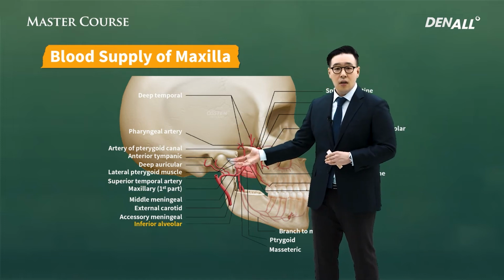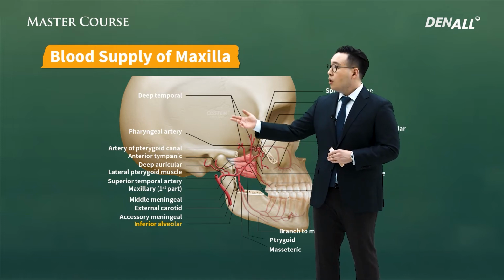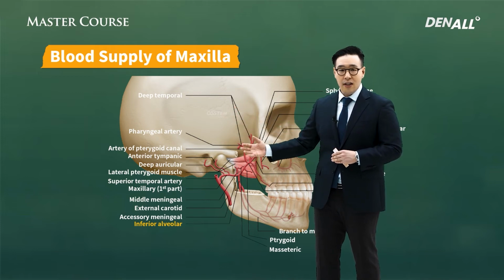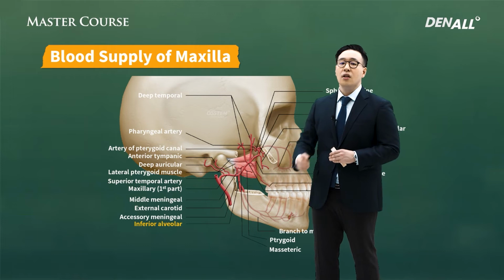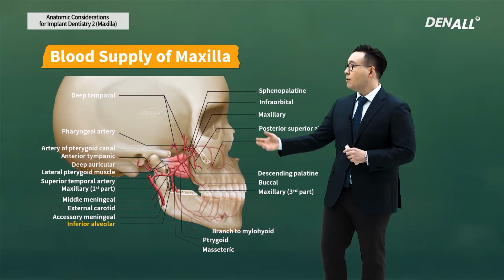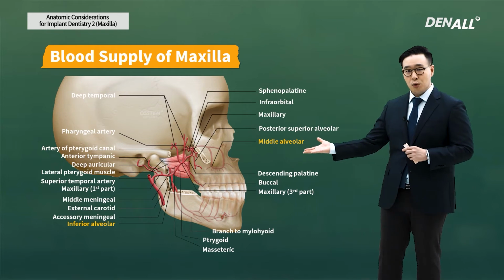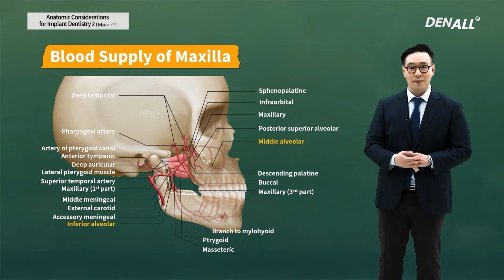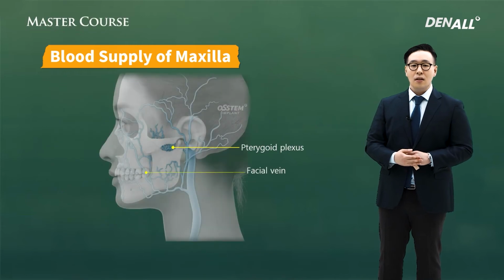The second part is the pterygoid part, and deep temporal, pterygoid, masseteric and buccal arteries. So it's related to mastication muscles. Lastly, the third part, as you can see, relates to blood vessels supplying the maxillary side.